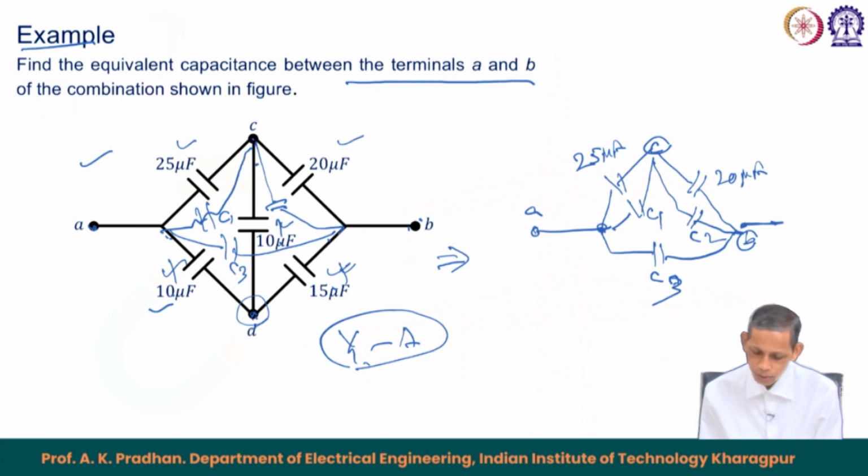You see here, from A to C this is a parallel combination, and from C to B this is also a parallel combination. Parallel means added, and then we have a series combination. So we can simplify this path, and this path is in parallel with C3. Therefore, the corresponding CAB can be obtained from the simplified network.